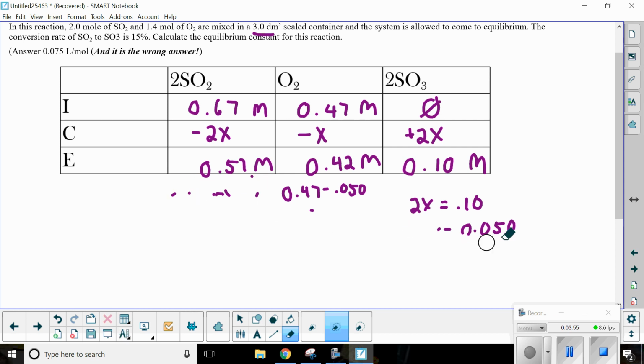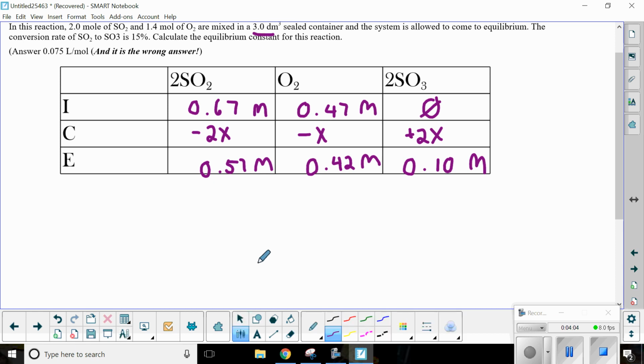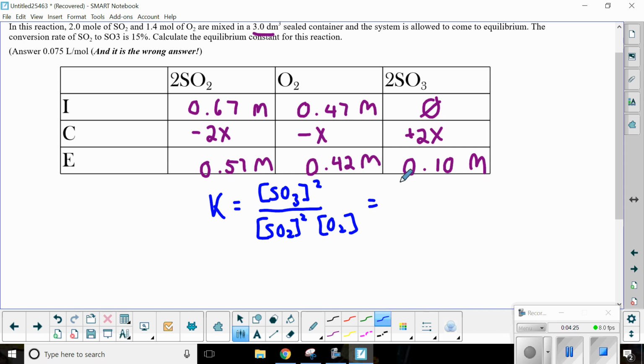I'm going to erase so I can have some more space here. So again, the book did this and left this at 1 mole per liter. That was incorrect. Bad Oxford. So K is going to be the concentration of SO3 squared over concentration of SO2 squared, concentration of O2, which gets me 0.10 squared over 0.57 squared times 0.42.